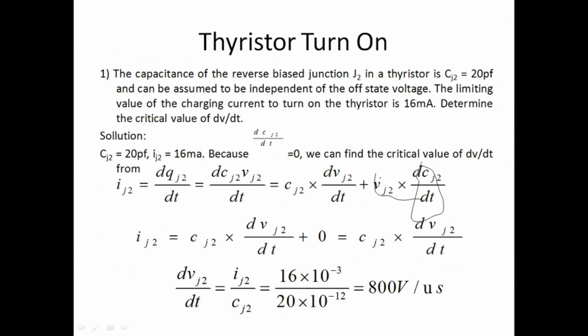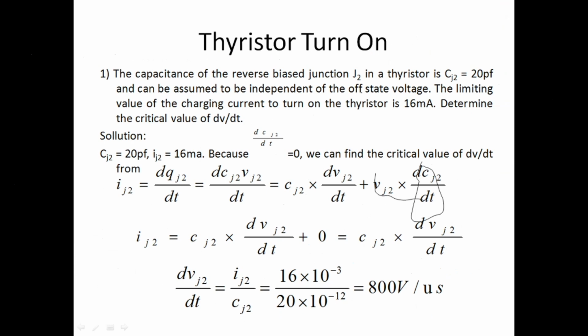The applied voltage Vj2 is not given, and the change in Cj2 with respect to time is also not given, but he has given a hint. The capacitance can be assumed to be independent of the off-state voltage, in the sense that whatever the off-state voltage may be, Cj2 will not vary.